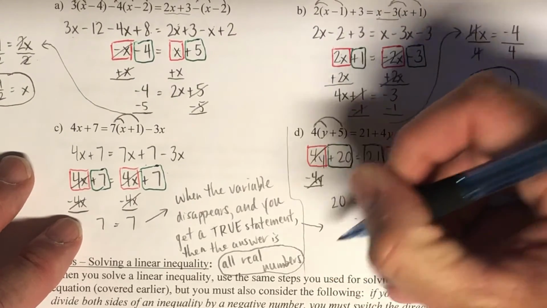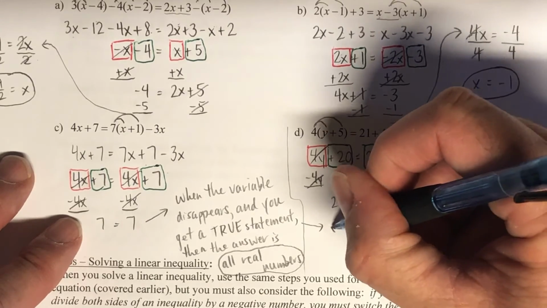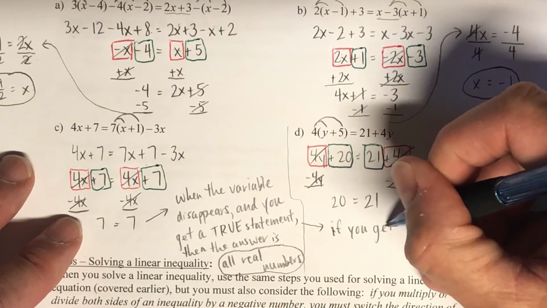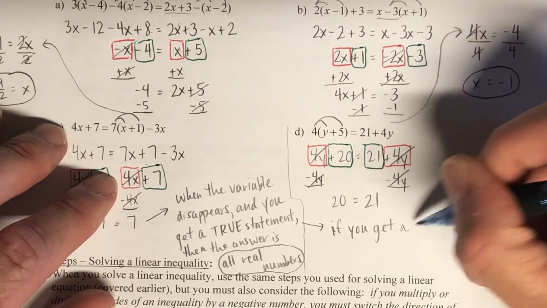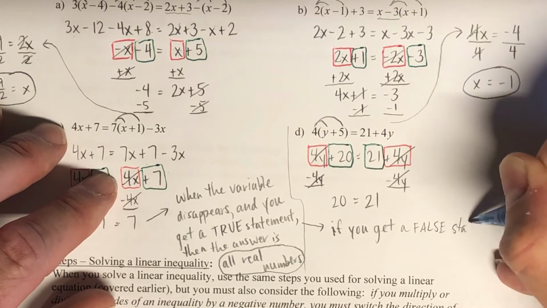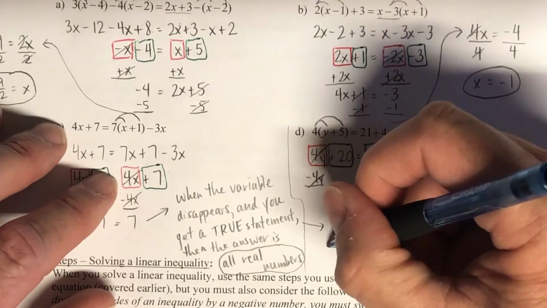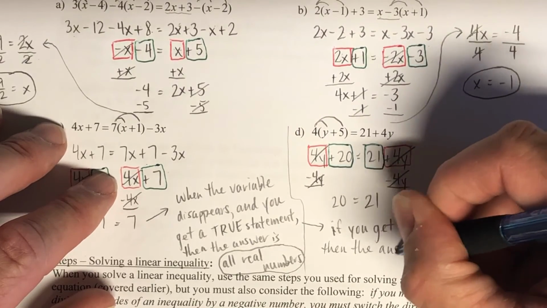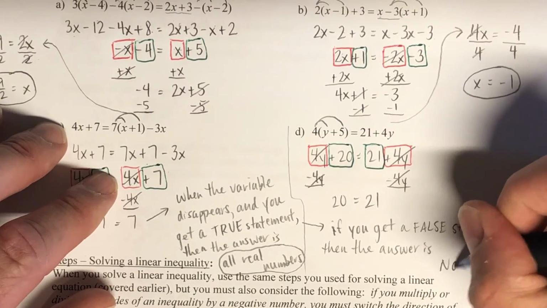So if the variable disappears and you get a false statement, and I made the arrow right here because this is also a problem where it disappears, if you get a false statement, then the answer is no solution.